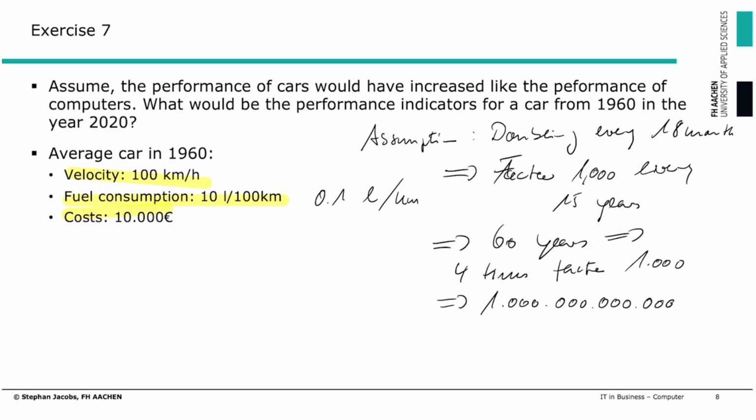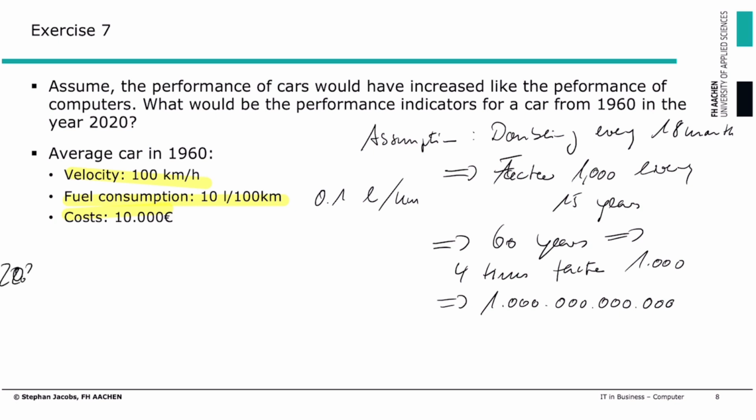Now let's have a look at the velocity. If the automotive industry had done the same kind of performance steps as the computer industry, we would have a car in 2020 with the following speed.